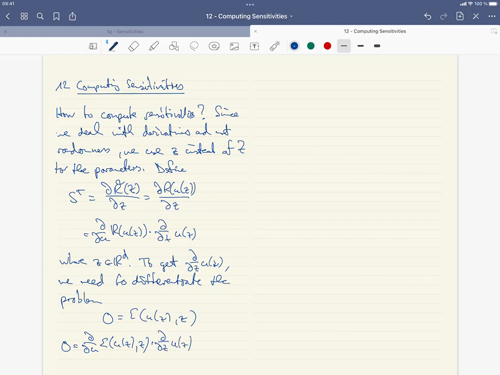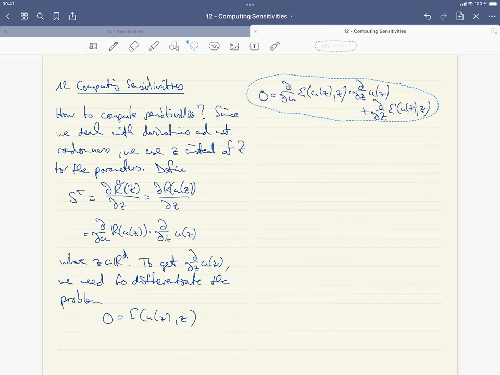And then I have the derivative with respect to the second argument. So plus d over dz, e of u of z, comma z. And in this case, this d over dz here means I differentiate with respect to the second argument. And now I want to add something to this.